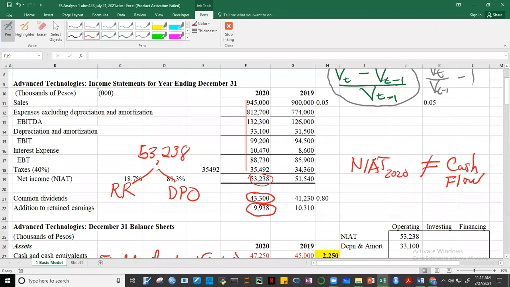On the other hand, if we have expenses that are non-cash, for instance, ang pinaka klaro example niyan is depreciation and amortization. This is definitely non-cash, and it has to be deducted from your sales to arrive at your net income after tax. Now, that's not a cash expense, so dapat i-add back natin yung 33,100 na yan.